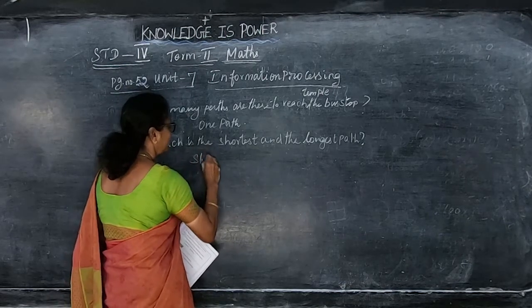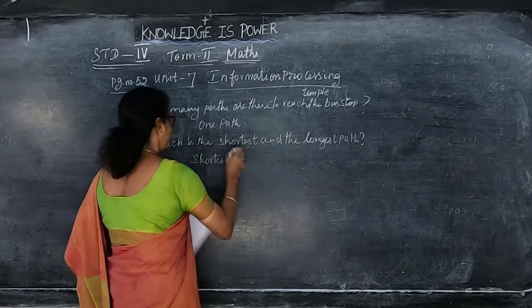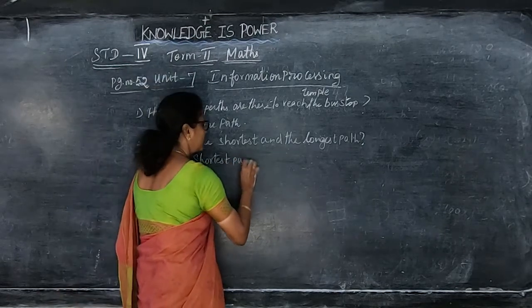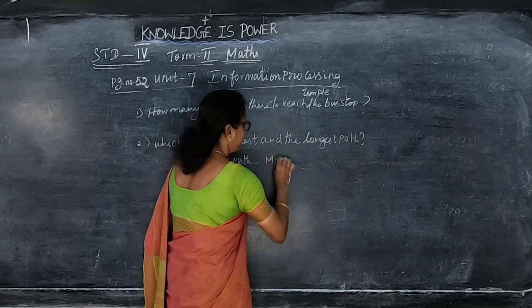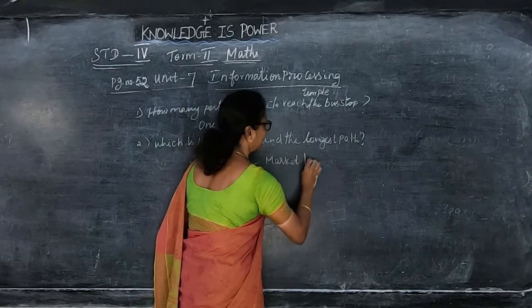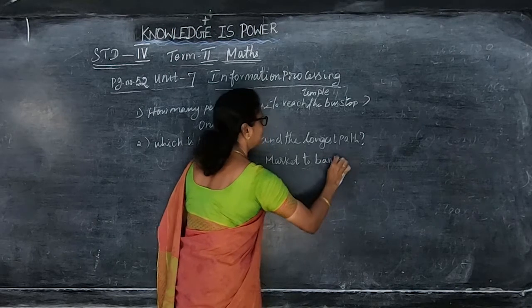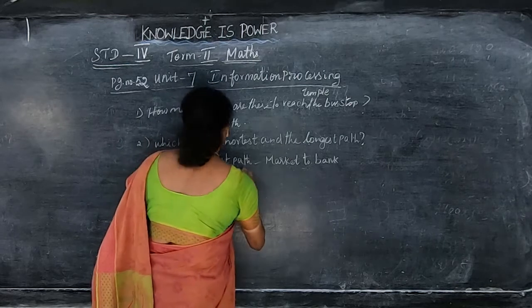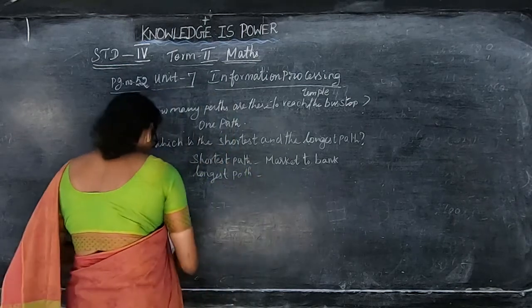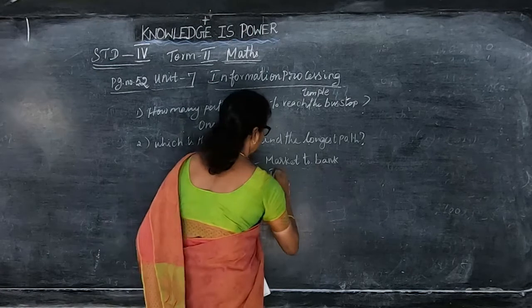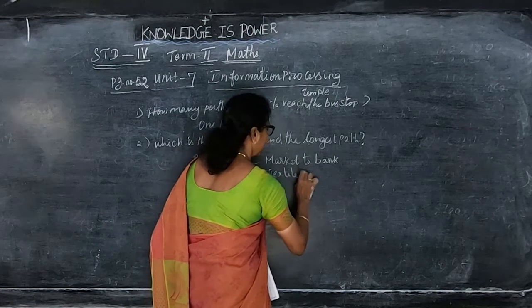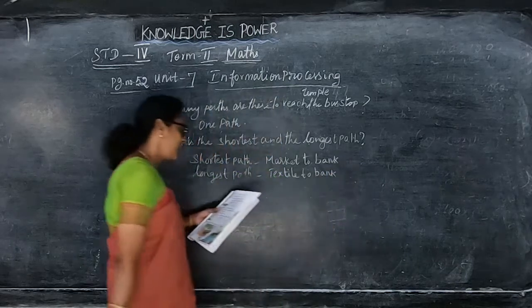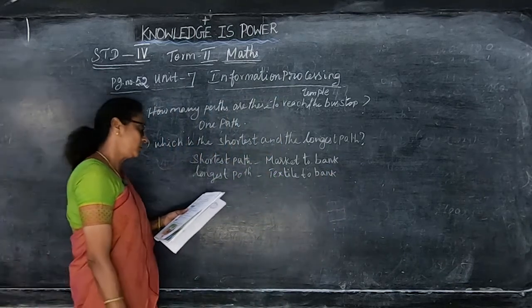Shortest path is market to bank. And the longest path is textile to bank.